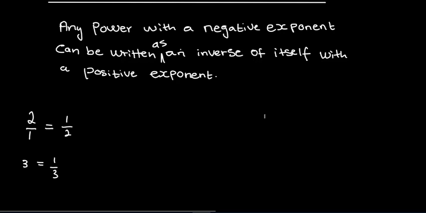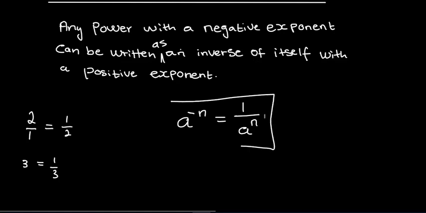Okay, so now with this law, it means that if you've got any number to a negative exponent, you can rewrite that as an inverse of itself, which will be 1 over itself to the positive exponent, like that.